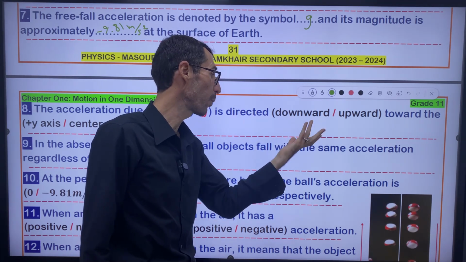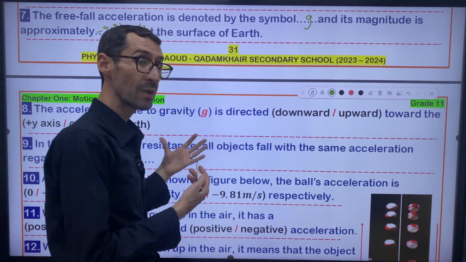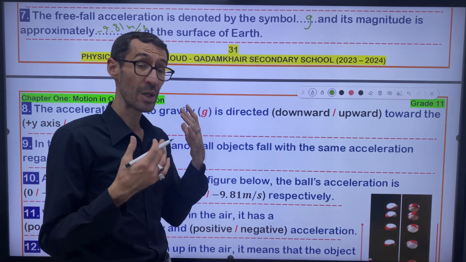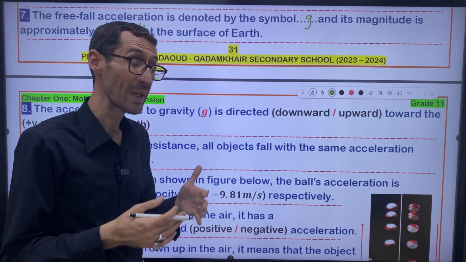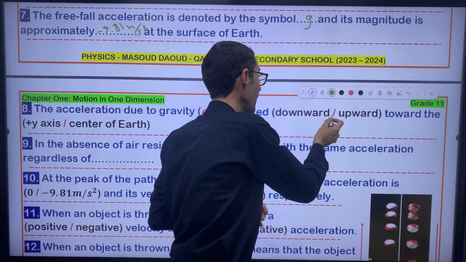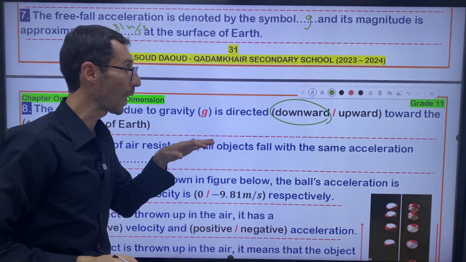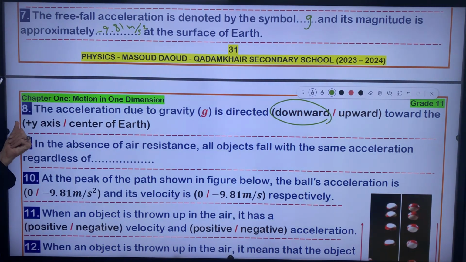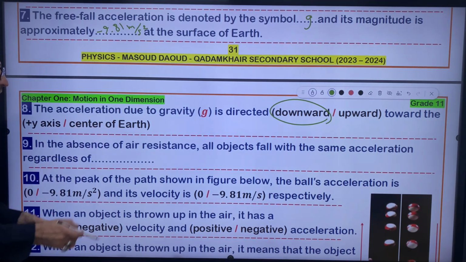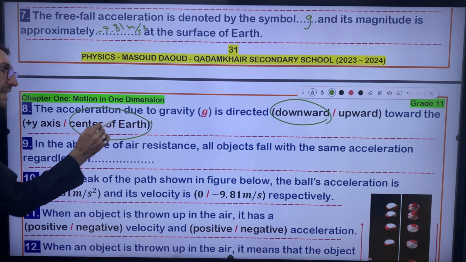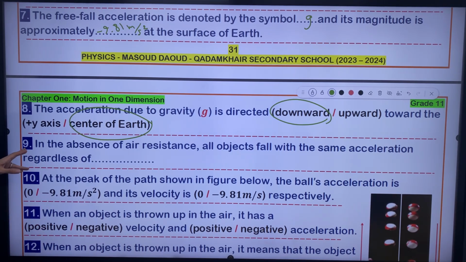Of course, acceleration due to gravity is always negative. That's why it's directed downward, toward the center of Earth, in the opposite direction of the positive y-axis.